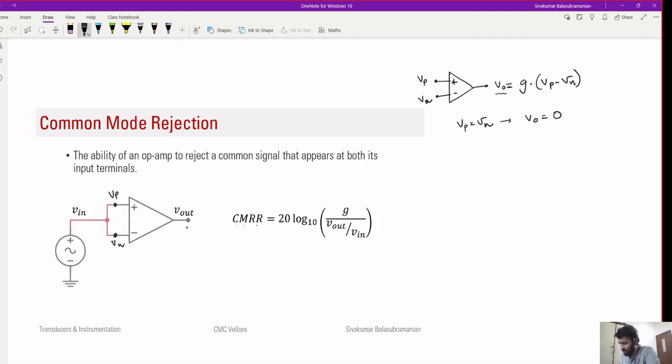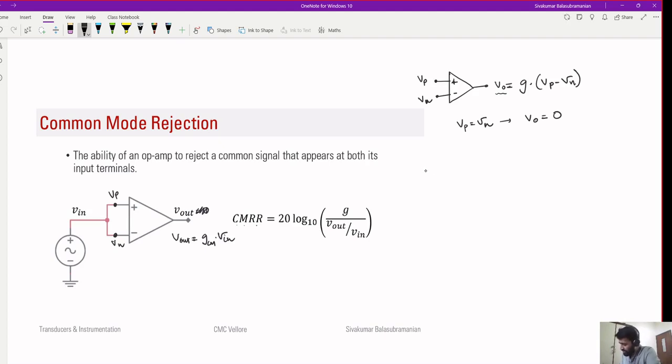If this was an ideal op amp, then V out should be uniformly 0. But it will turn out that V out is not 0. You will have some non-zero V out that is related to V in. There is some common mode gain GCM into V in. This is what you will see in a real op amp.